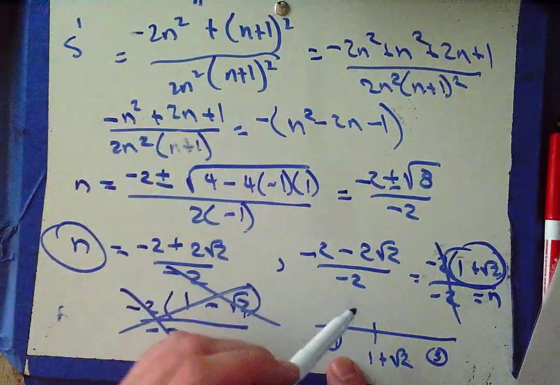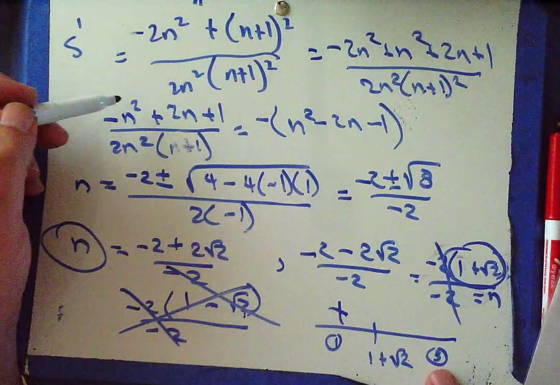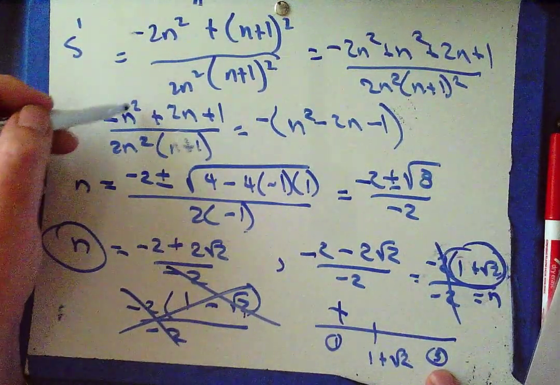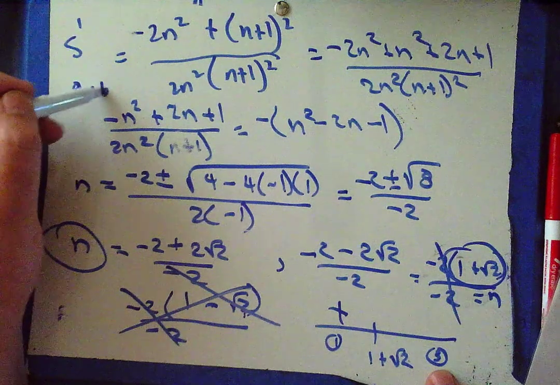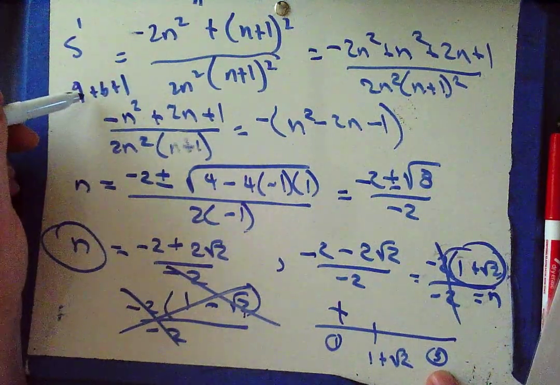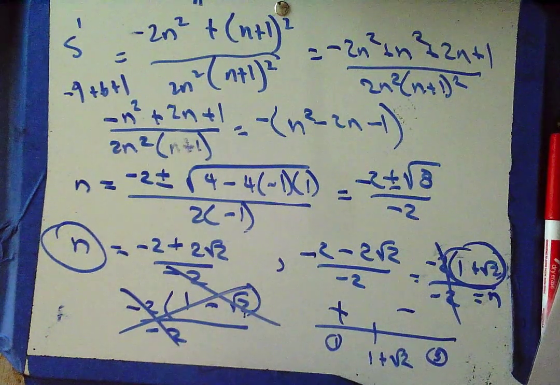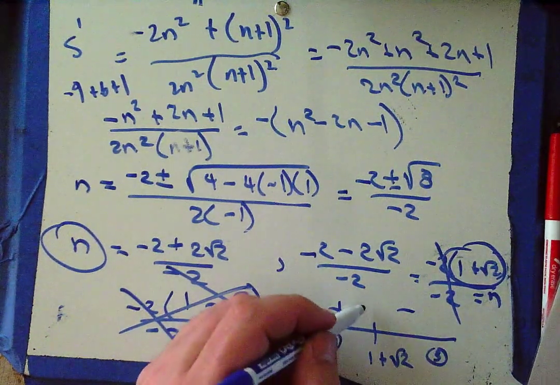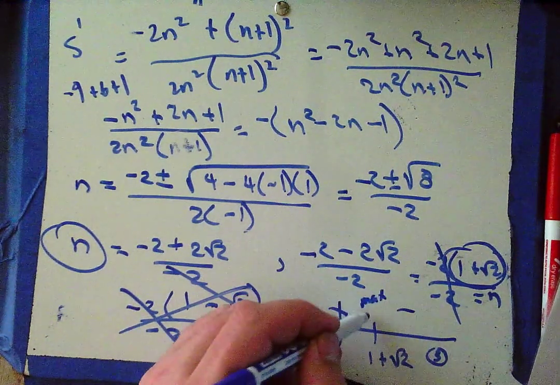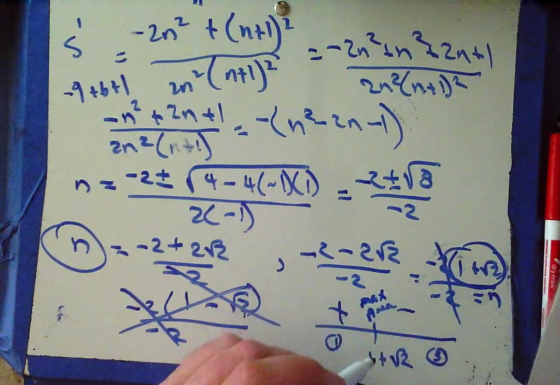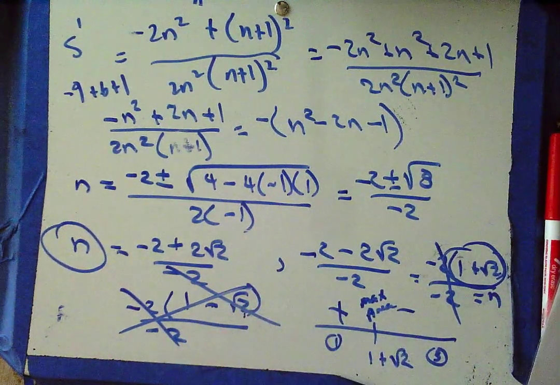That's going to be a positive, so I get a positive. If I plug in a 3, I have negative 9 plus 6 plus 1, which is negative, and I still have positive on the bottom, so that's a minus. So we've got a max area at 1 plus root 2. All right, 1 plus root 2.